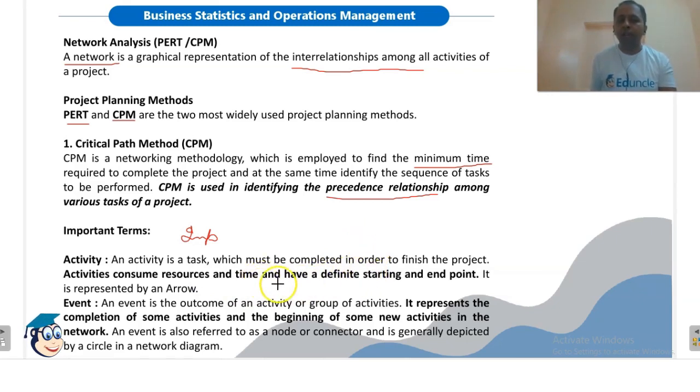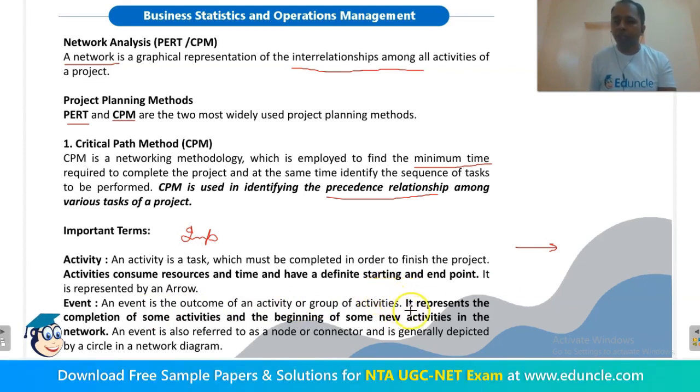It is represented by an arrow. Remember, an activity is represented by an arrow like this. I will show it to you in the later part. Event. An event is the outcome of an activity or group of activities. An event means either the starting of an activity or the finish of an activity. It represents the completion of some activities and beginning of some new activities.